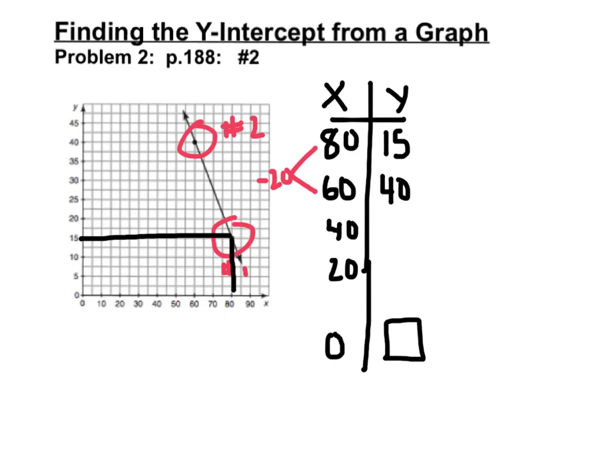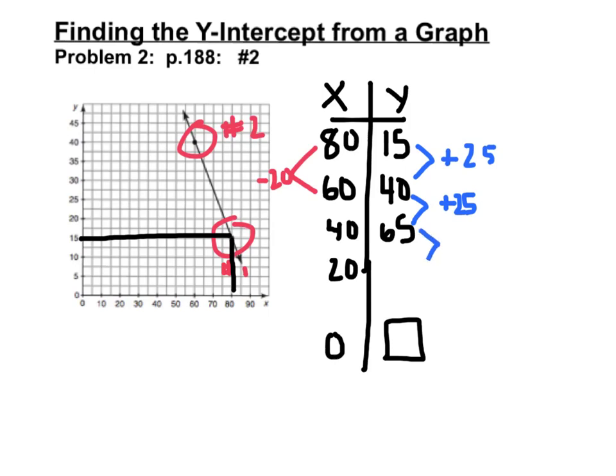Now, while that's happening, our y values are increasing by 25. So in order to find our next y value, we'll have to take 40 plus 25, and that'll give us 65.